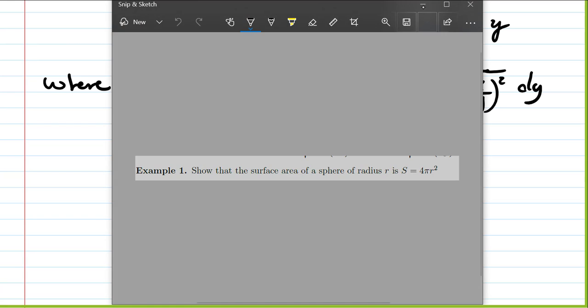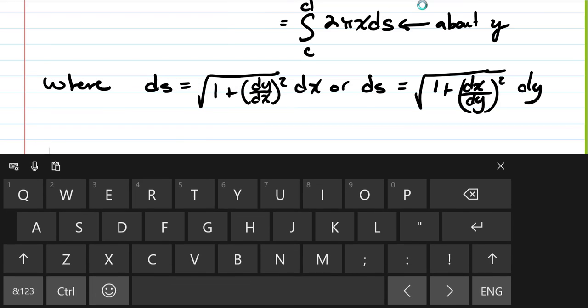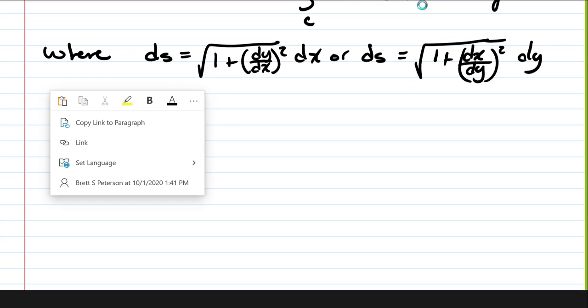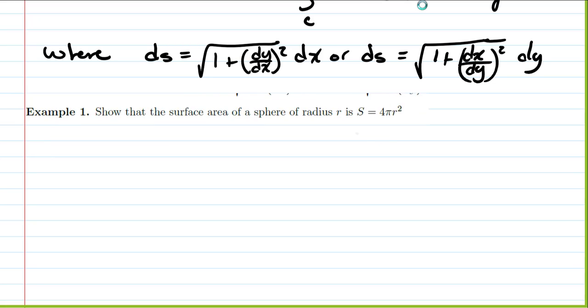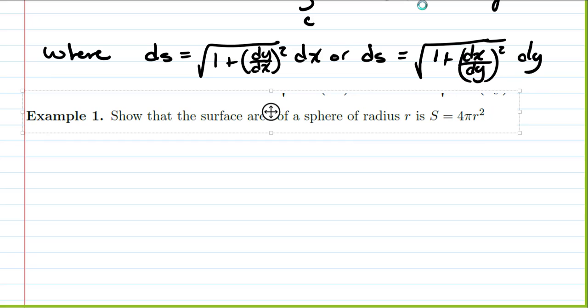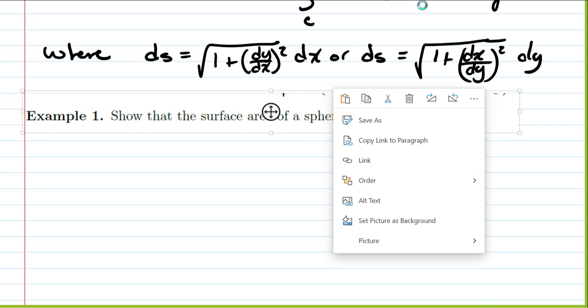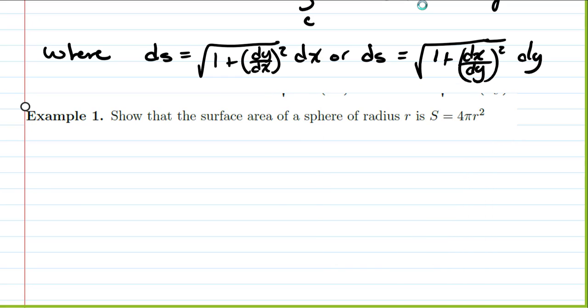So we wish to show that the surface area of a sphere of radius r is 4 pi r squared. Okay, so how are we going to do that?